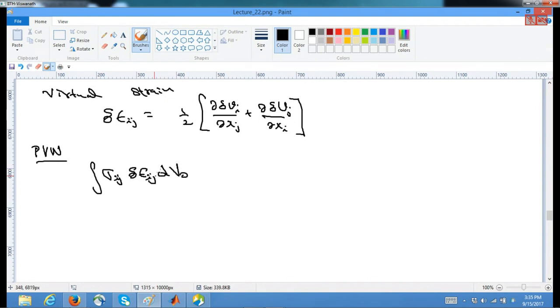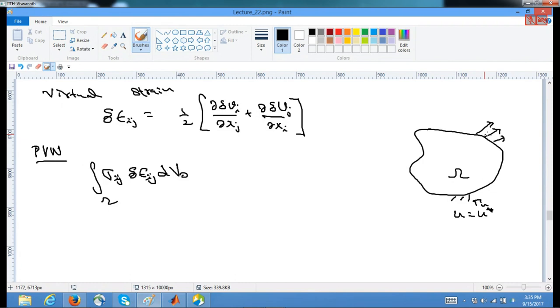on omega. So let me show the problem. So this is your omega, and these are the constraints. So u equals u star on this gamma u boundary, and somewhere here this boundary is t equals t star on gamma t.